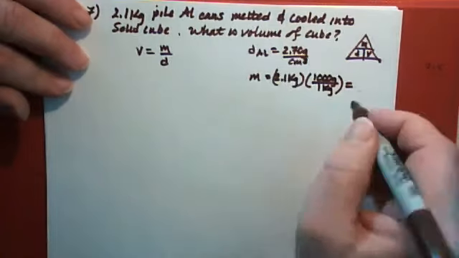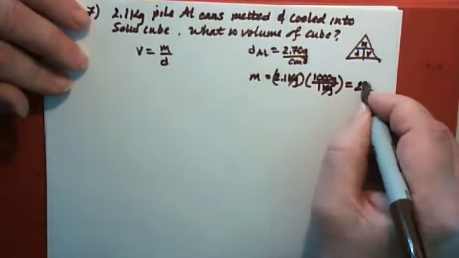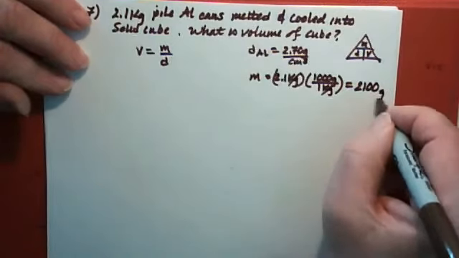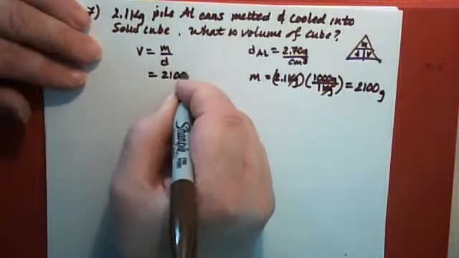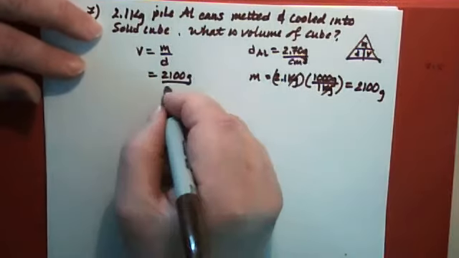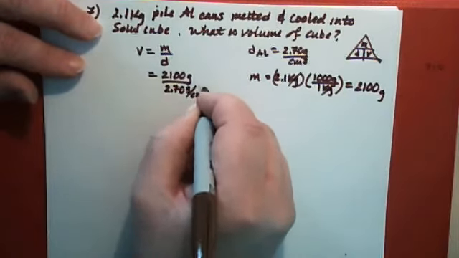We've got 2.1 kilograms, and there are 1,000 grams per kilogram. Kilograms cancel. So we get 2,100 grams for the mass. So this is going to be 2,100 grams divided by 2.70 grams per cubic centimeter.